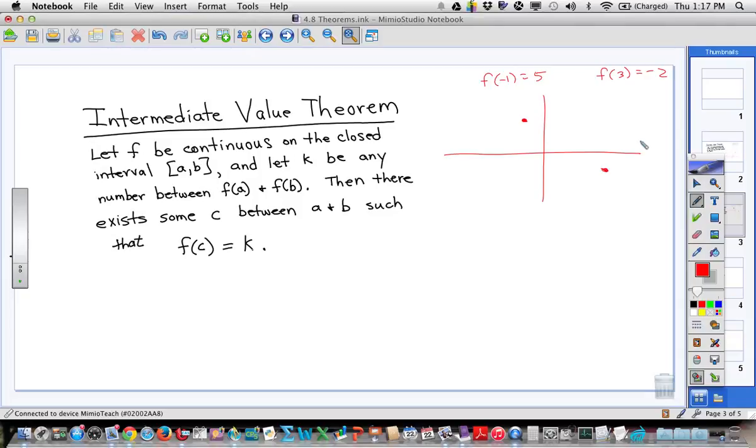Okay, while you're finishing writing here, I'll just read it here. The intermediate value theorem says, let f be continuous on the closed interval AB, or if f is continuous on a closed interval AB.